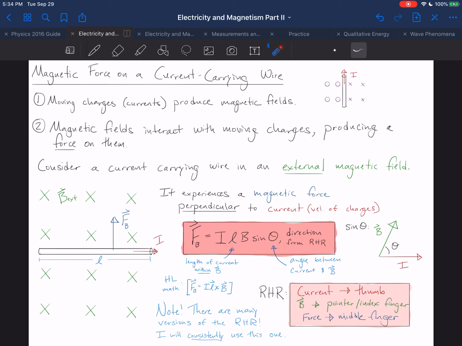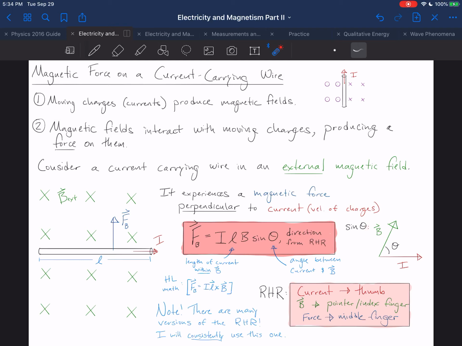So the maximum magnetic force is when the current and the magnetic field are exactly at right angles. If they're not perfectly at right angles, you will get a weaker force than would be possible if it were at right angles. You can think of this term as sort of how much of the magnetic field is perpendicular to the current. That's a good way to interpret that B sine theta term there.